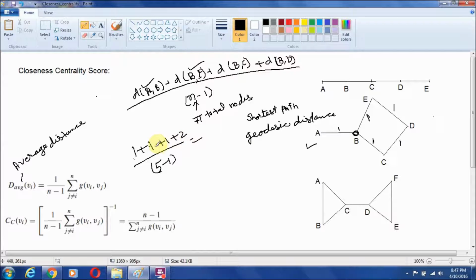So this is the average distance of all other nodes of the graph from node B.